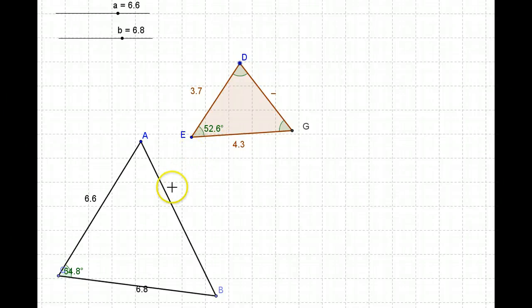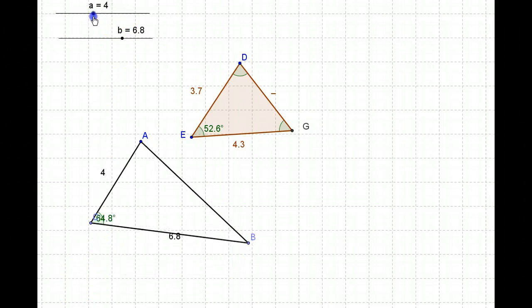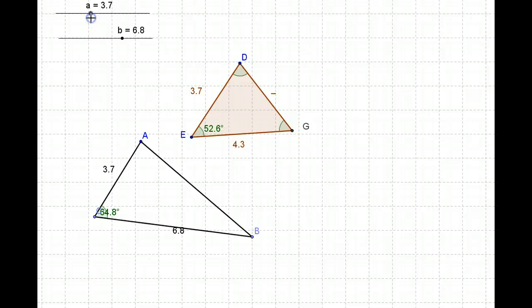What we're trying to do is prove that if I were to make another triangle that has these same measurements, that one side is 3.7, the adjacent side is 4.3, and the included angle between the 2 sides is congruent, then I will also have a triangle that's congruent to the pink one. So let's see. Let's try and change A so that it's 3.7. Okay, got that right. Then change B so that it's 4.3.